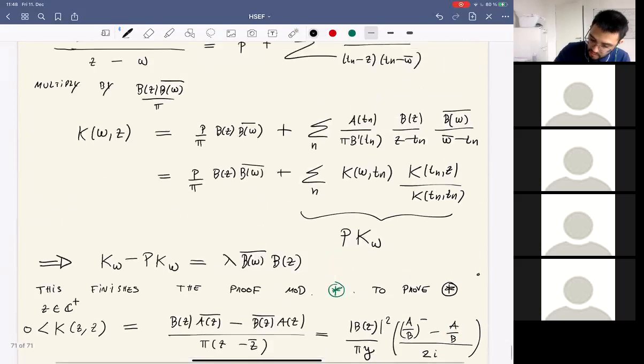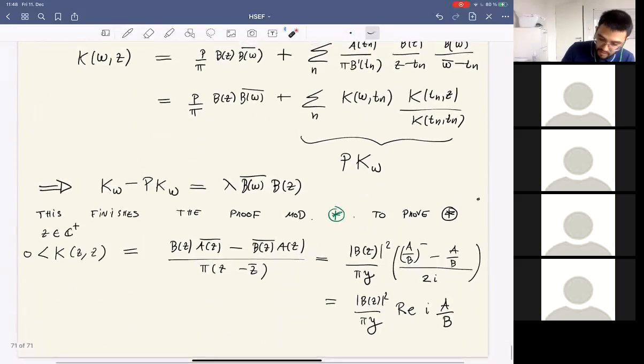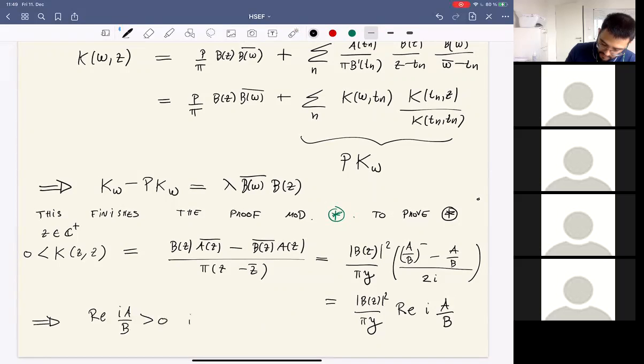Okay, which was exactly what we wanted to show. That the real part of i times this guy is positive, and we know that this whole thing is positive, and y is positive, so therefore the real part of i A over B is greater than 0. Okay, so that would finish. Okay, any questions here?